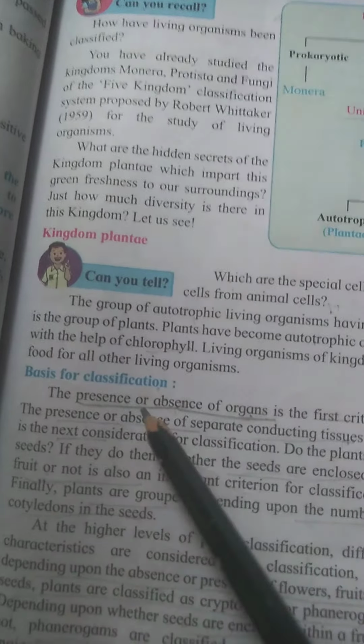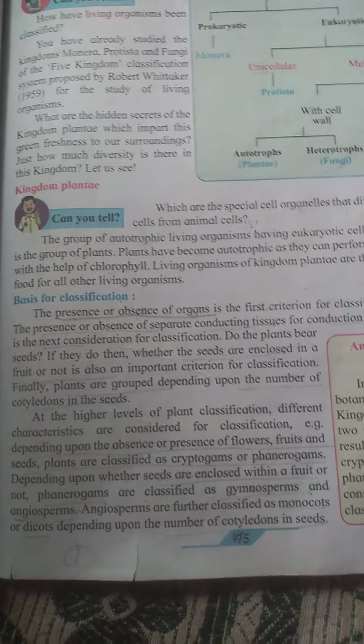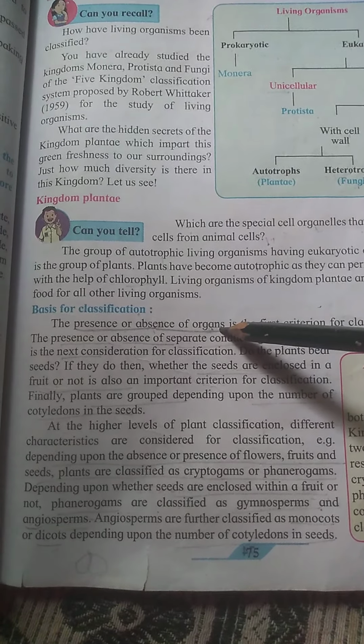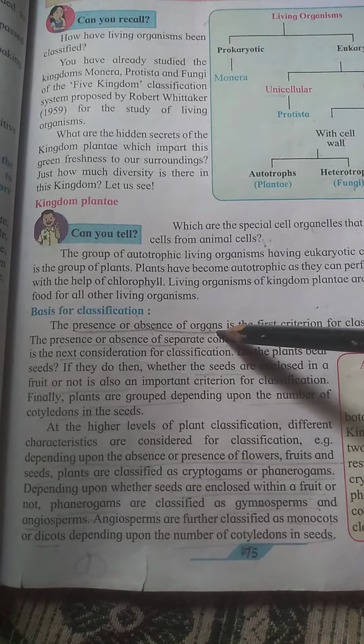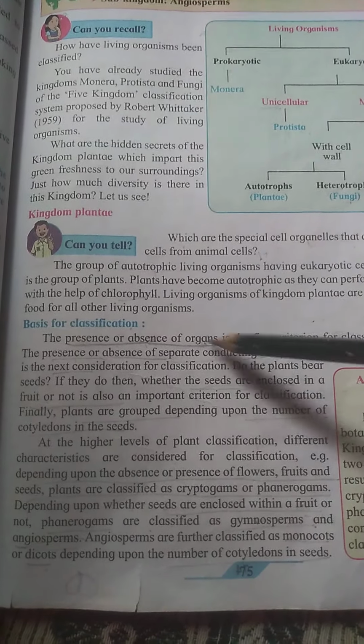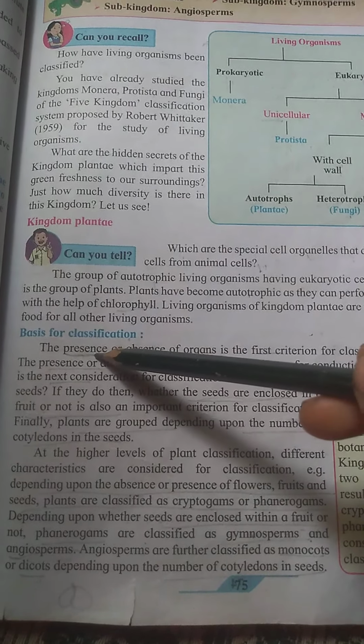Now, usually when we classify plants, there are a few terms which we take into consideration. First is whether the plant has organs. Organs means the branches, roots, stem, leaves, fruits, flowers, the presence or absence of all these organs.